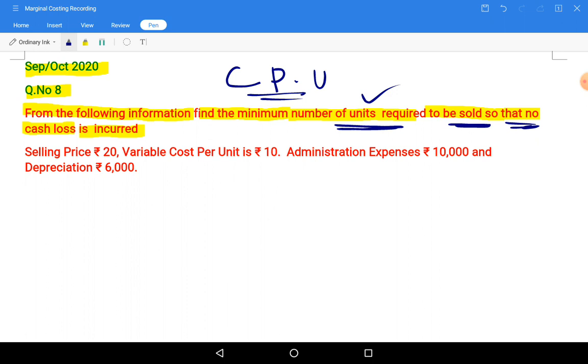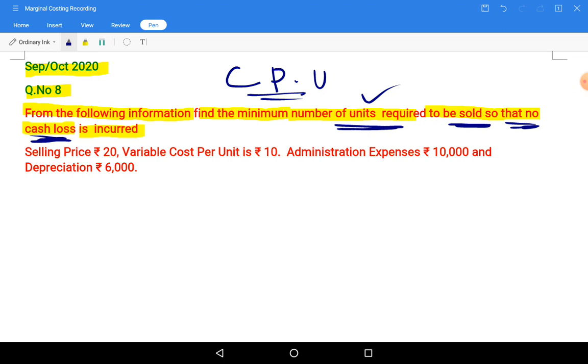So what is this no cash loss point? The main question is all about this thing, cash loss. There should not be any cash loss, no profit. Sometimes he will not ask you directly, he is asking the other way.